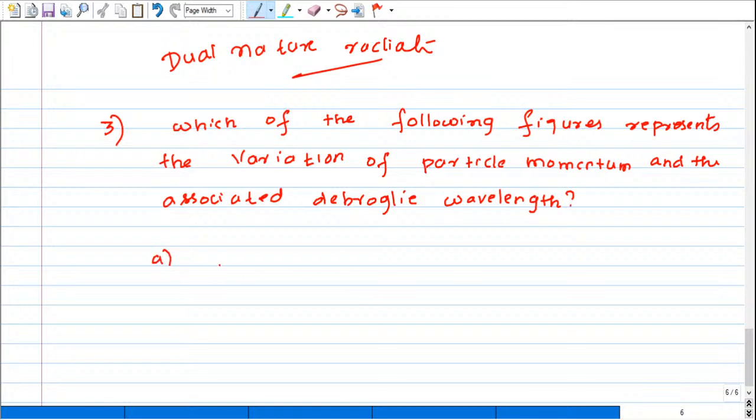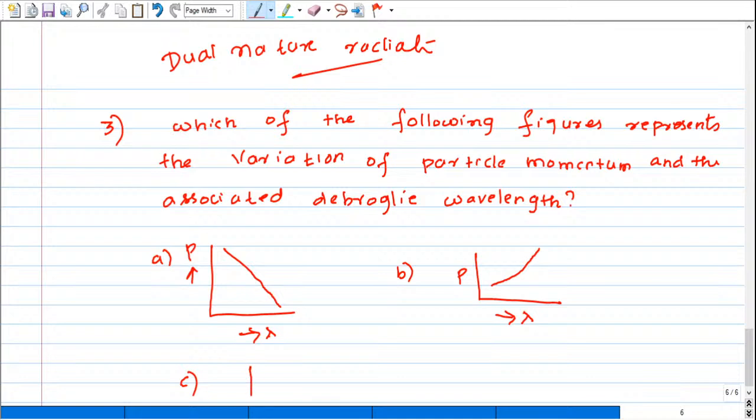So, option A, it is a diagram, a graphical representation. This is lambda and this one is P. The second one, B. This is lambda and this one is P. C, option C. This is P and this is lambda.